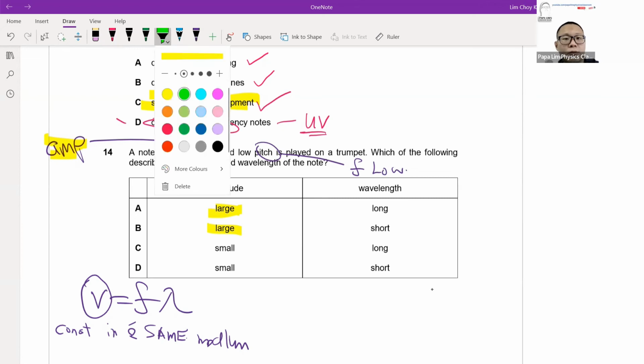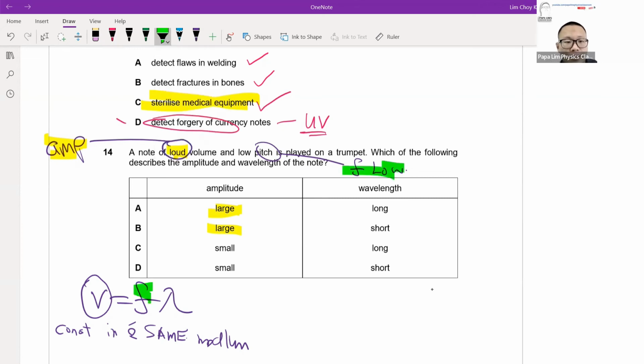If my frequency is low and I have to achieve the same speed in the air, the only possible way is for my wavelength to be large. If frequency is low, to achieve the same constant speed, my wavelength has to be large, or what we sometimes call long. That way I can achieve the same speed in the particular medium.